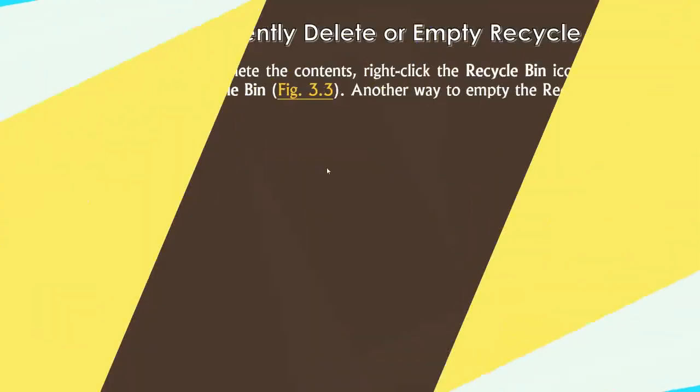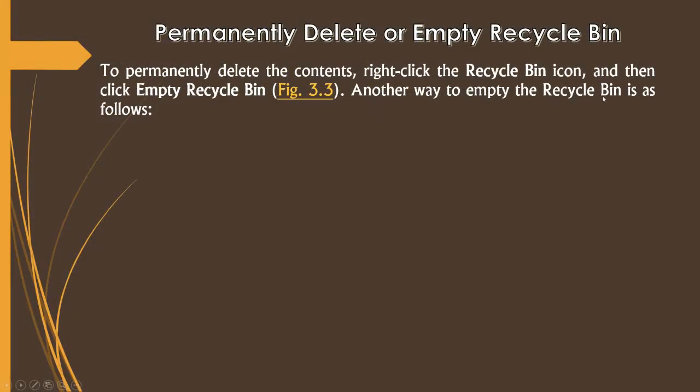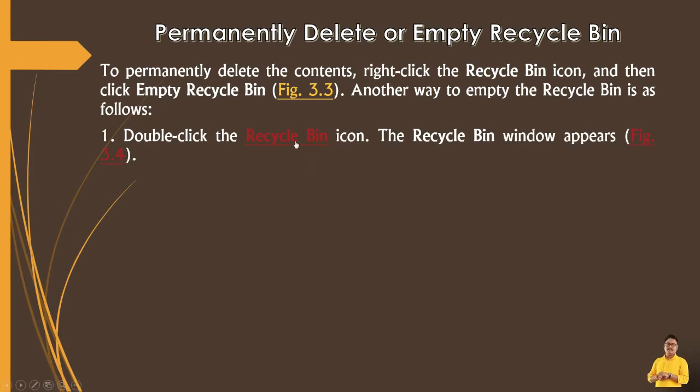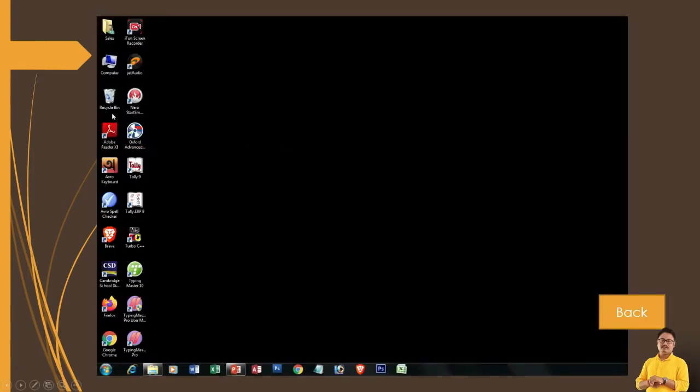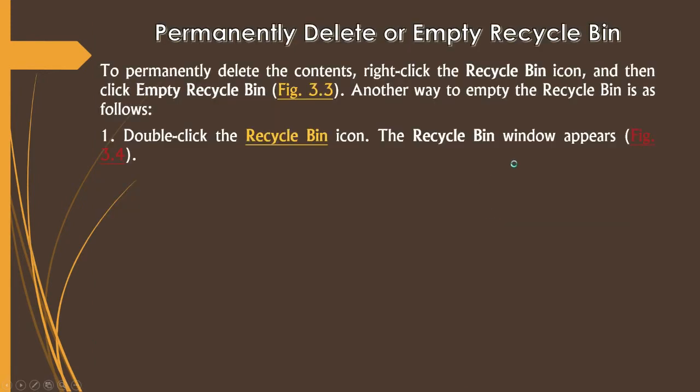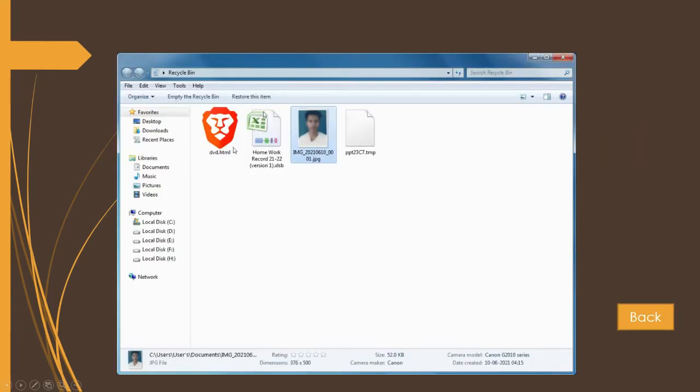Right. Then another way to empty the recycle bin. Another way you can also empty it. How? Double click the recycle bin icon. This is the recycle bin icon. There you double click it. Then it will open like this.